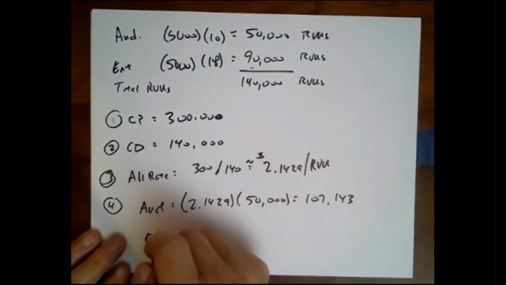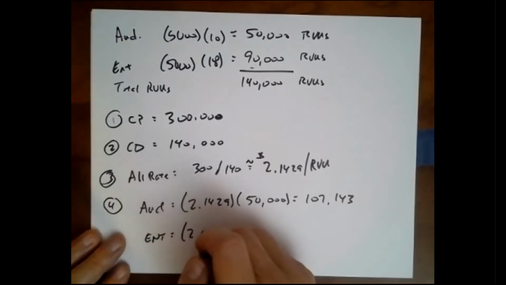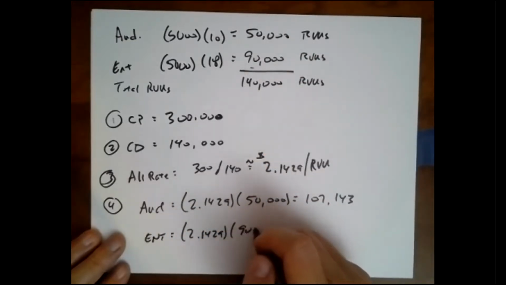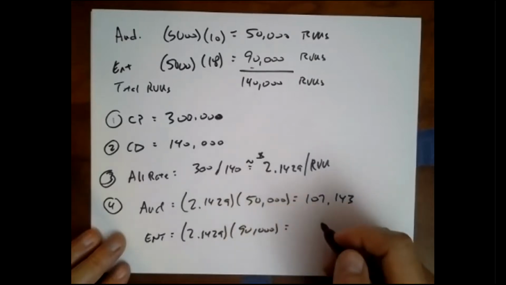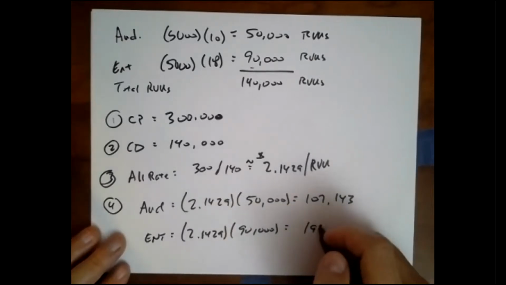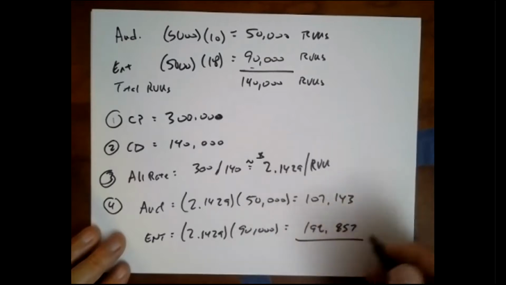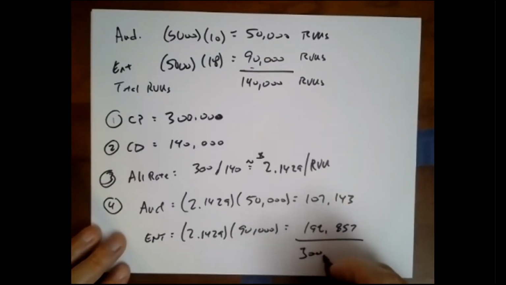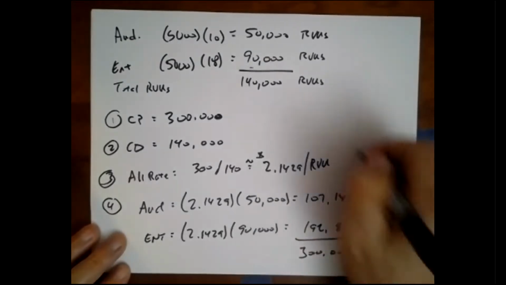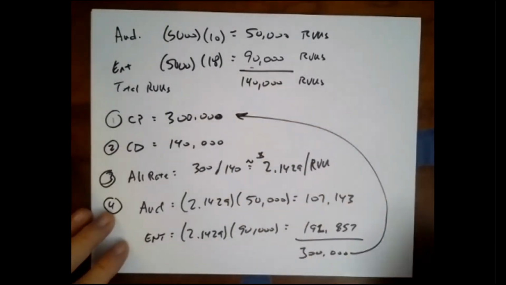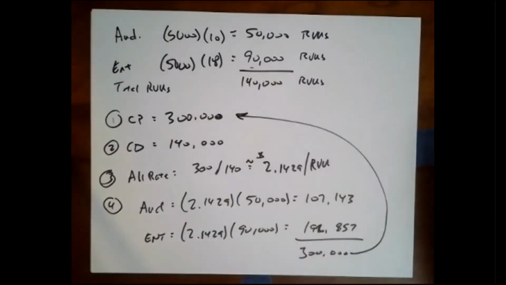And then for ENT, it's 2.1429 times 90,000 RVUs, which is 192,857. If we add these together, it comes out to 300,000, which matches up to our initial cost pool, so we know we've allocated it all.